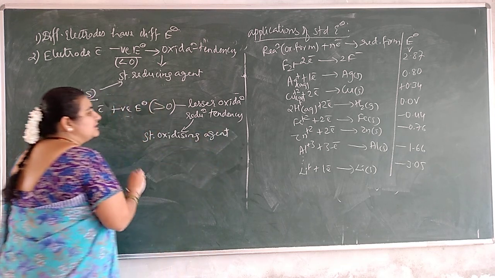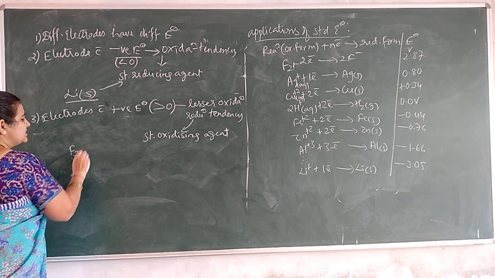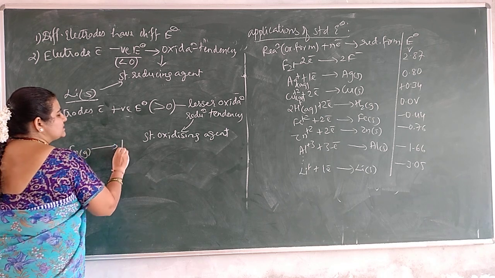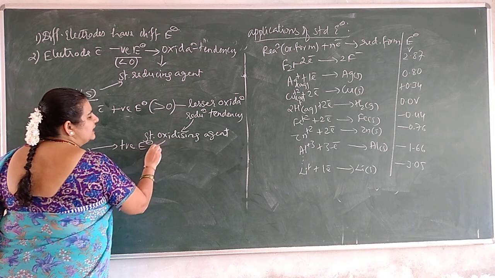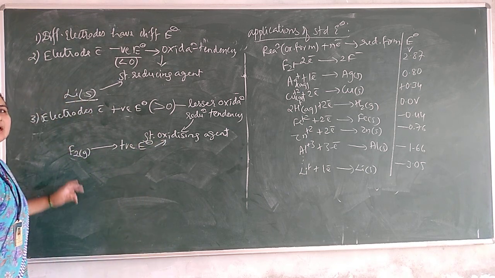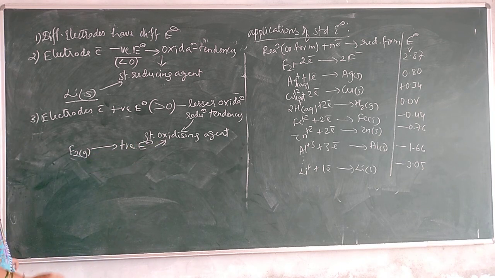In the series, F2 gaseous has the highest positive electrode potential, so F2 acts as a strong oxidizing agent.